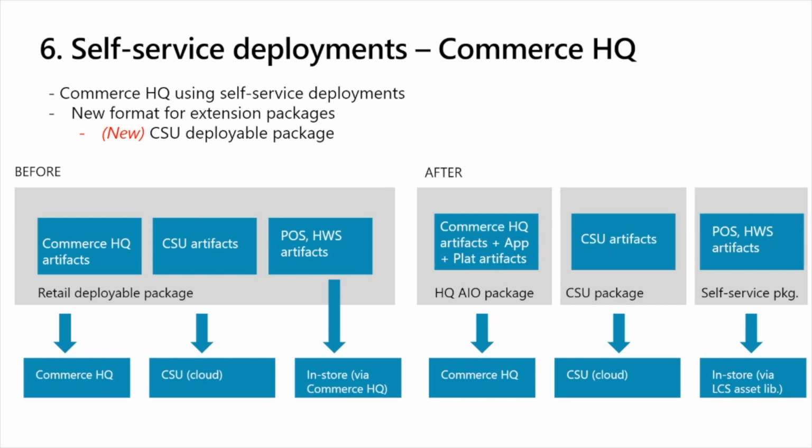The second big improvement with self-service deployments, as the name indicates, is previously for tier 2 environments, you needed to request these and file a support request for the support team to actually deploy the environment in your LCS project, and that could take sometimes several days up to a week in certain cases.